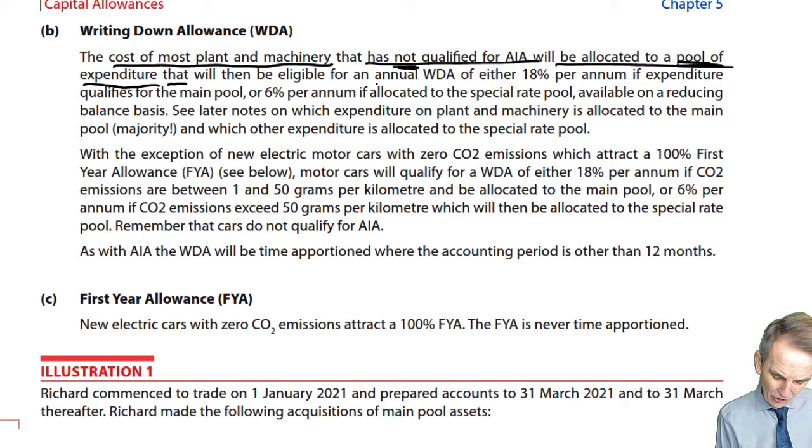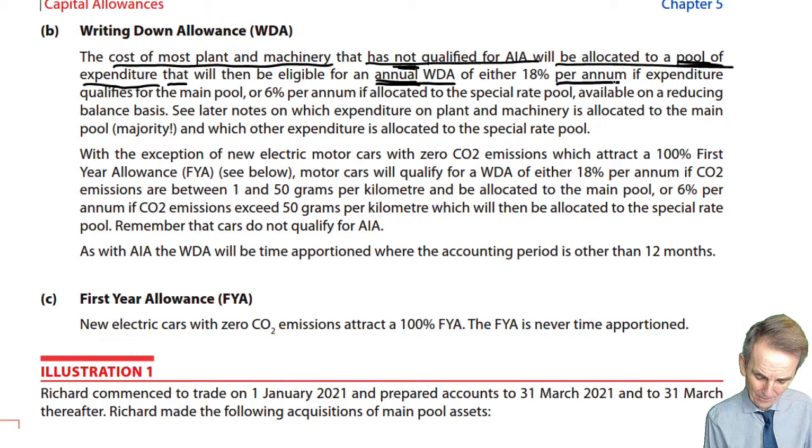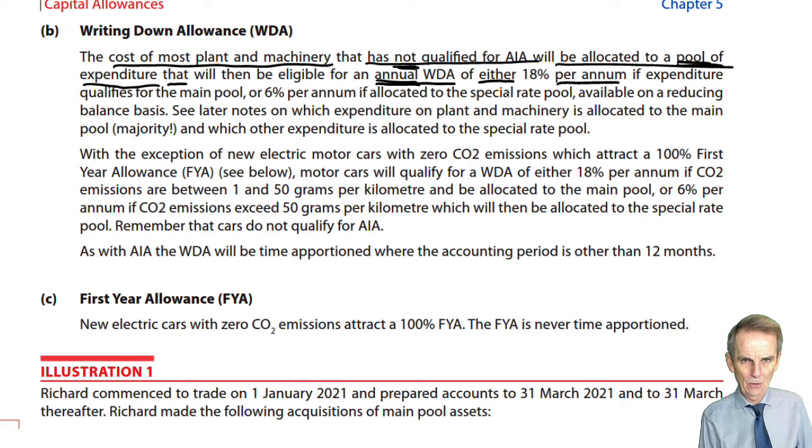And that will be eligible for an annual writing down allowance. As I stress, annual, the figures available are given per annum. An annual writing down allowance of either, more than one figure, 18% per annum.